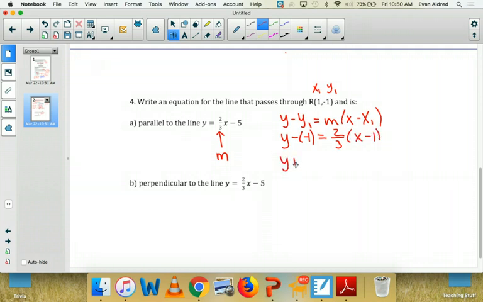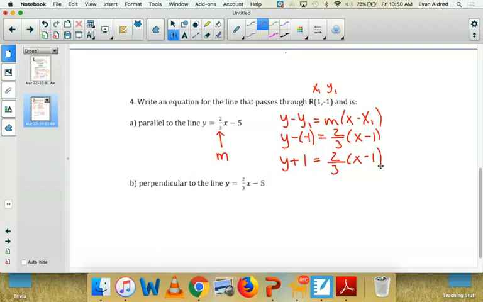Now we just simplify. y plus 1 equals 2/3 times x minus 1. Okay? Don't let the wording of this question fool you. You know where to find the slope if a line is in the form y equals mx plus b. If it's parallel, it has to be the exact same slope. So if it has a slope of 2/3, your line would also have a slope of 2/3.